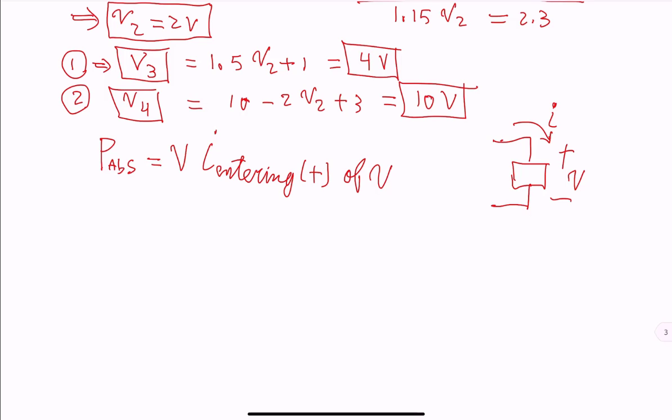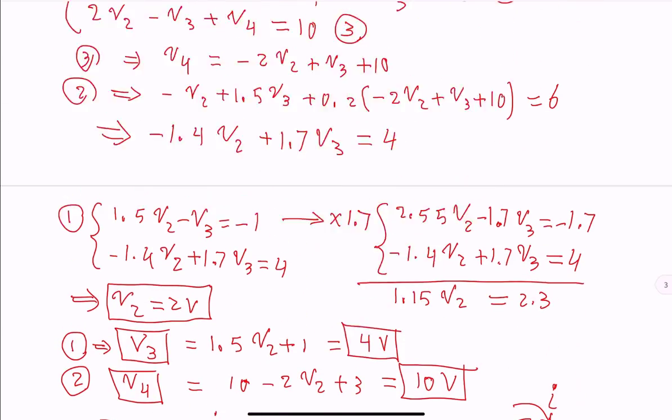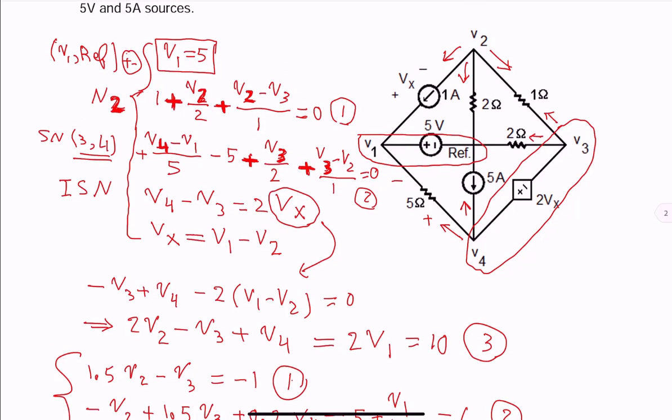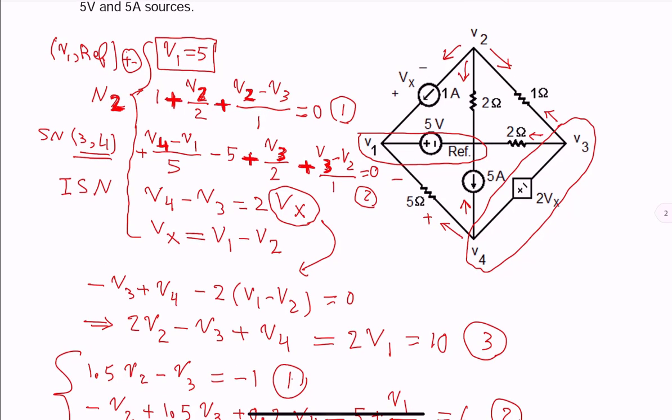We want to find the power supplied by 5 volt and 5 amp sources. So for 5 volt source, let us find this current.